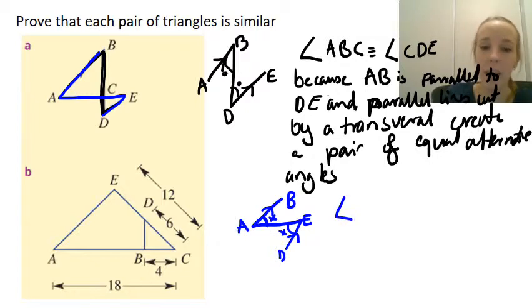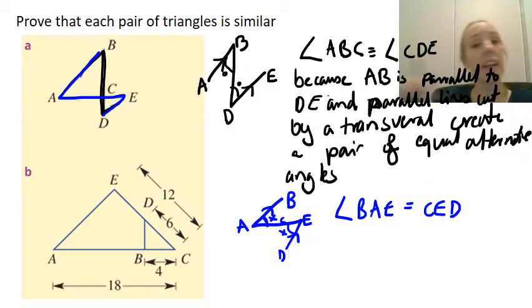So our angle BAC is going to be equal to our angle CED. And again, it's the same rule, because we've got those parallel lines being cut by the transversal, creating a pair of equal alternate angles.